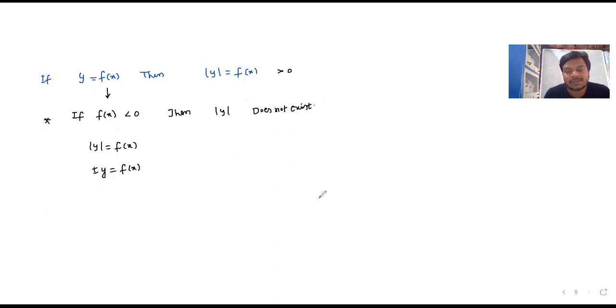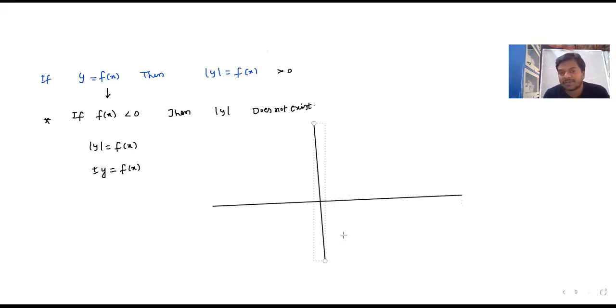Okay. For example, if you have the graph of f of x in this way, suppose this is y equal to f of x. Mod y equal to f of x does not exist for f of x less than 0.